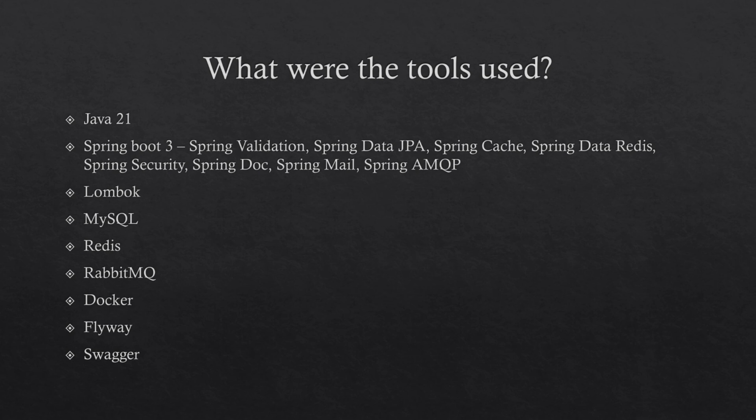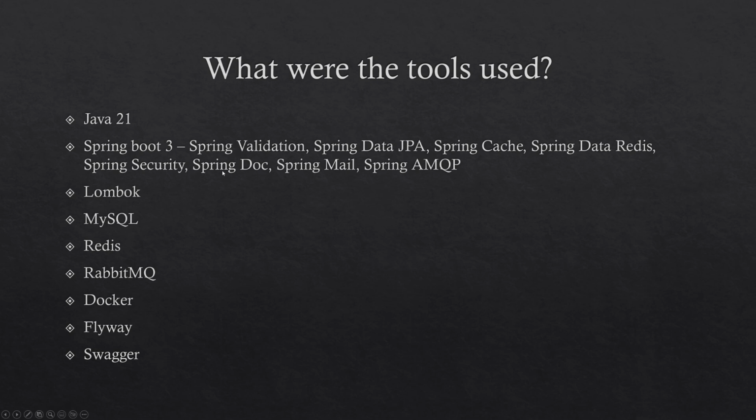So all these were the tools used in the project. So Java 21, Spring Boot 3. So these are the Spring modules I used. You can read. Alright, Lombok, MySQL, Redis, RabbitMQ, Docker, Flyway, and Swagger.